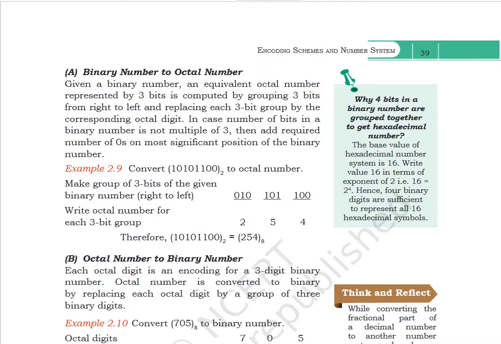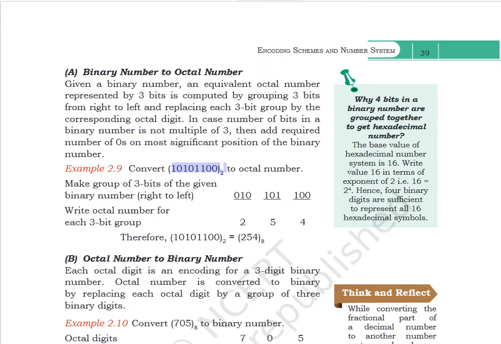Suppose the example is to convert 10101100, which is in binary form because the base value 2 is given. We have to convert this to its equivalent octal number.